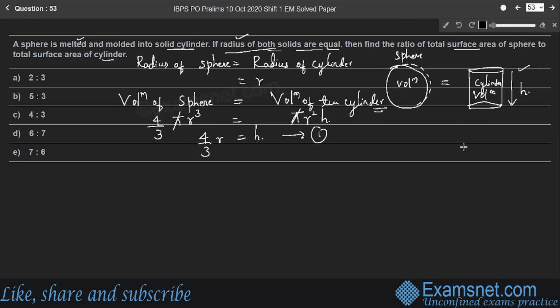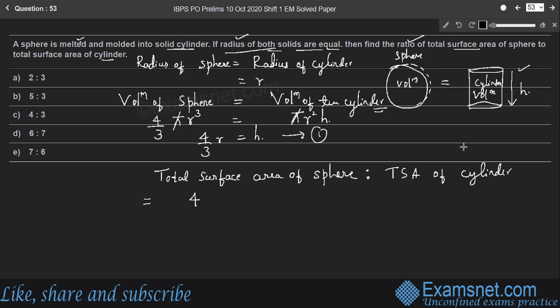Consider this as the first equation. Right? Here, find the ratio of the total surface area of the sphere to the total surface area of the cylinder. So, the total surface area of the sphere is to the total surface area of the cylinder. What is the formula for the total surface area of the sphere?